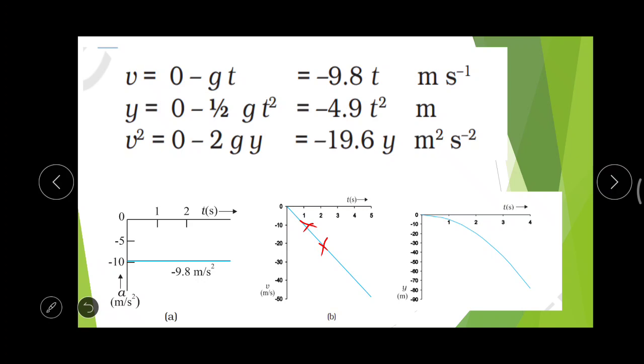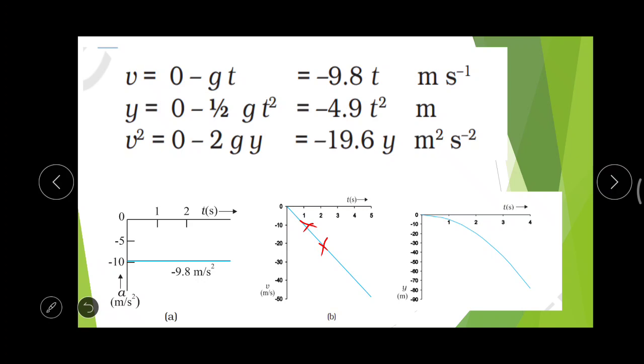If you are taking the difference between adjacent seconds, that means 3 and 2, that means 30 minus 20, which is equal to 10 meter per second. So the velocity changes equally in equal intervals of time.